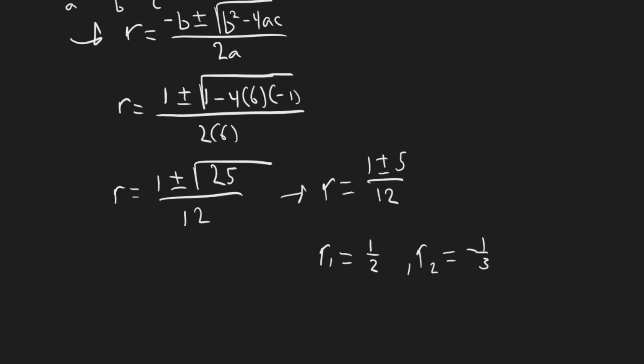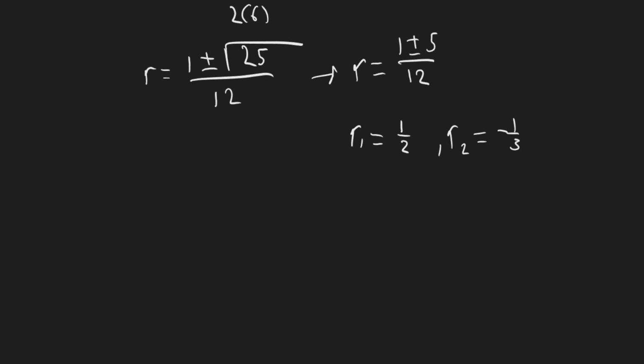All right, so now we just plug it into the same equation we have been using for a case 1 ODE. So c1 e to the r1, in this case 1/2 times x, plus c2 e to the r2, in this case negative 1/3 times x. And that's going to do it for your final answer.